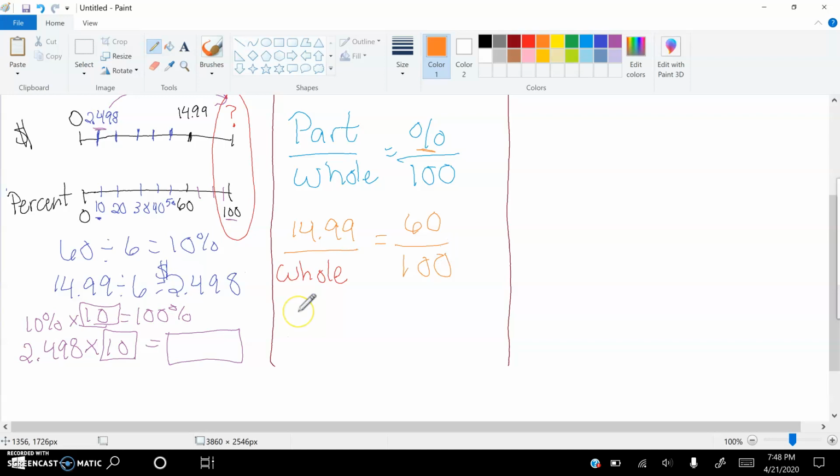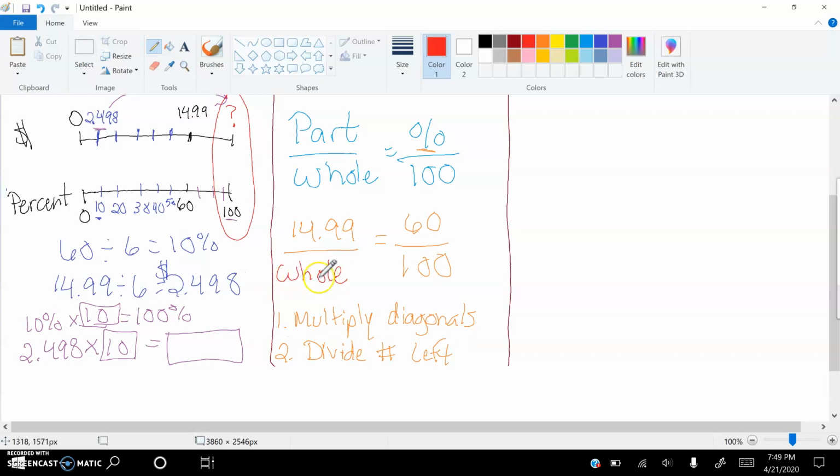Now we have two steps once we have this set up. The first thing we're going to do is multiply our diagonals, and then divide by the number that's left.